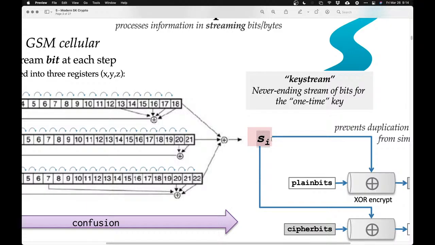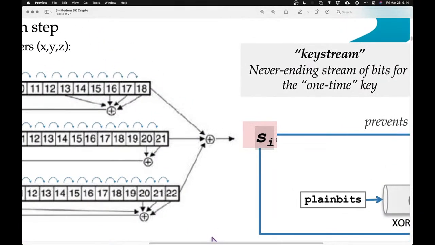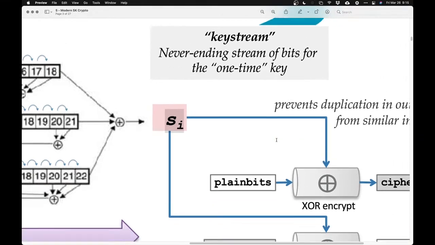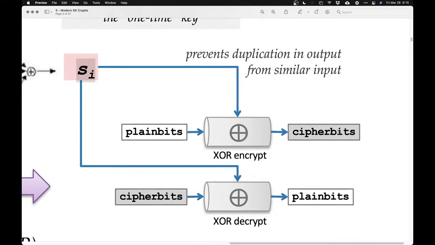So we can keep shifting these bits down, and at the end, we're exclusively ORing them to get a new bit for the key. And we can use that bit for the key to do what? To do a one-time pad. We can use every bit of the key with one bit of the plain text, and do an exclusive OR to encrypt our information, all right?